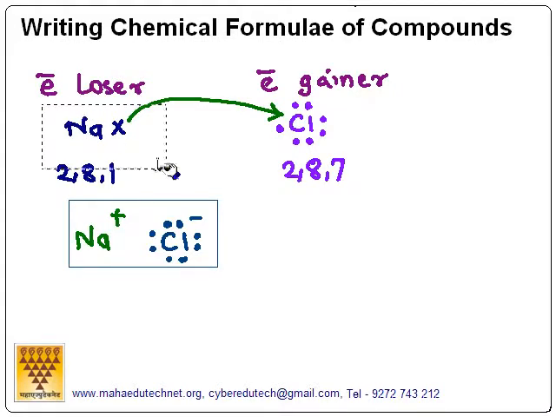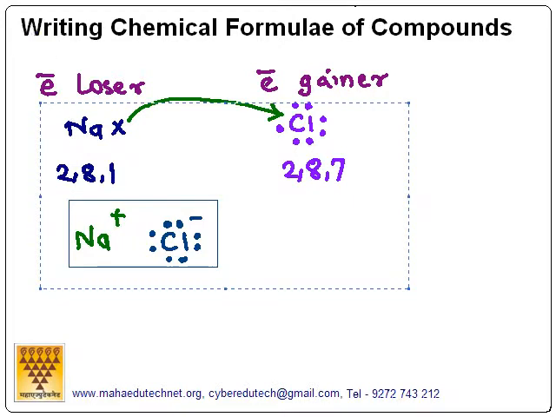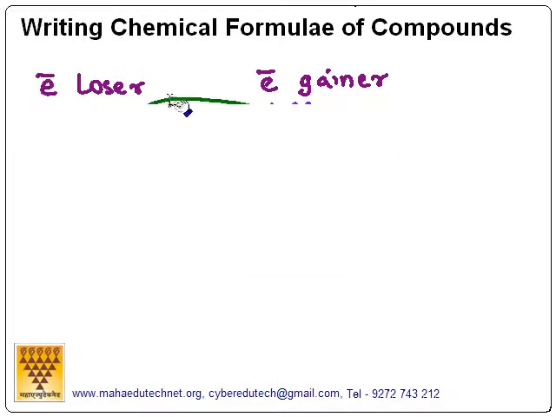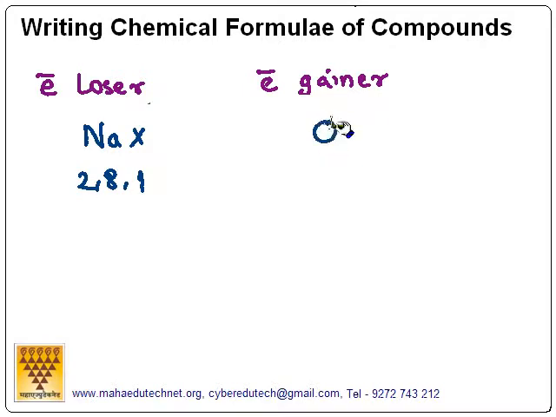Now let us consider another case in which sodium wants to react with oxygen. Sodium has one electron in its outermost shell. Oxygen has 6 electrons in its outermost shell.